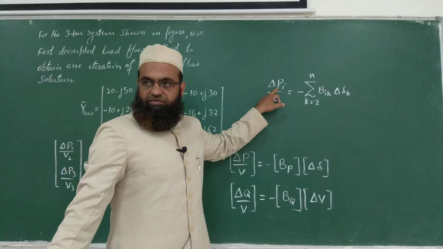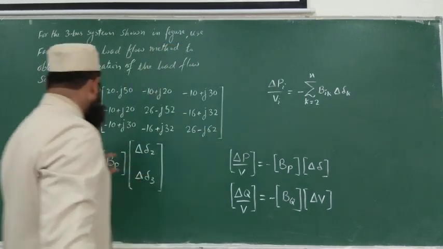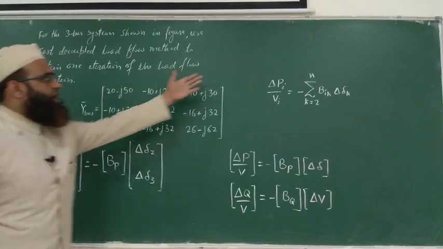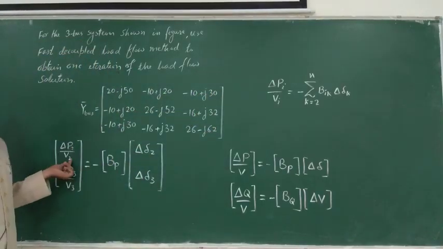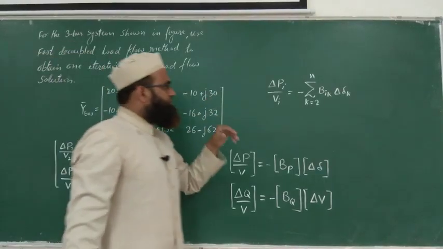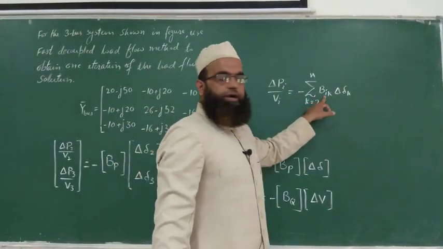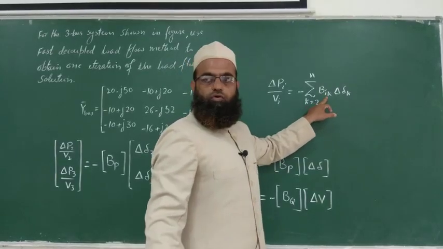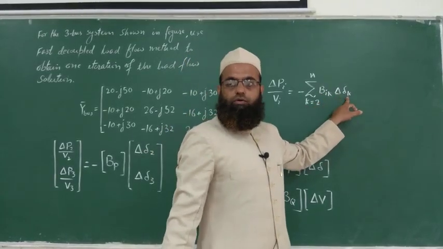So what does it mean? Corresponding to ith bus, or say i is 2 here. When i is 2 here, you will write del Pi upon Vi as del P2 upon V2. So corresponding to this bus, second bus, you will write, put I2 here and start k from 2. So it will be B22 del delta 2.